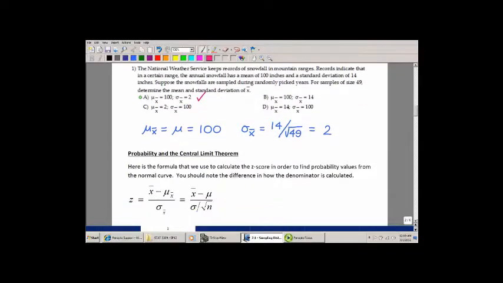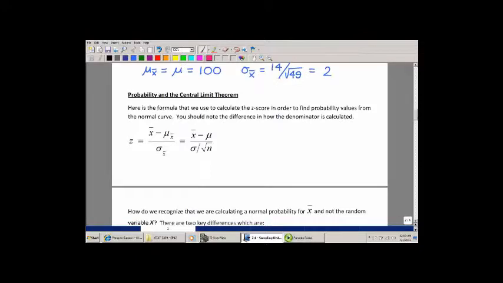So let's get down here now and look how probability interacts with the central limit theorem, and mainly how to calculate normal probabilities. So the main difference between this and what we have already learned with the normal distribution, really and the only difference, is our standard deviation. Remember before, our z-score formula looked like this.